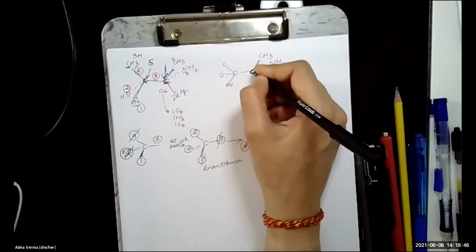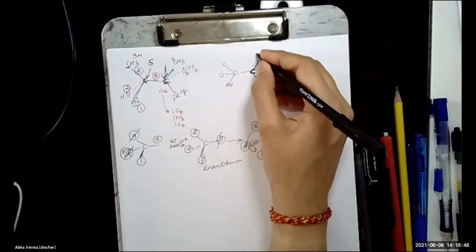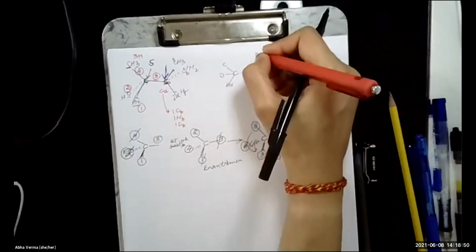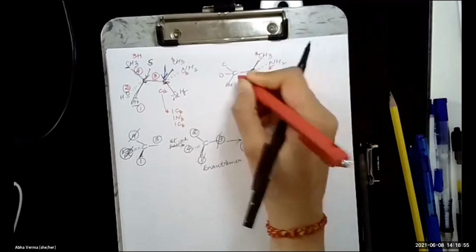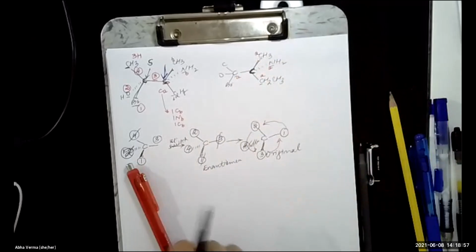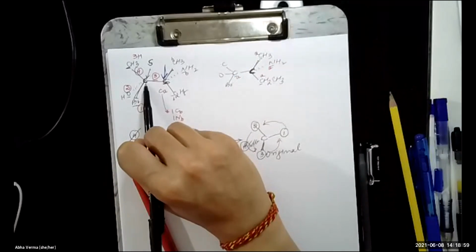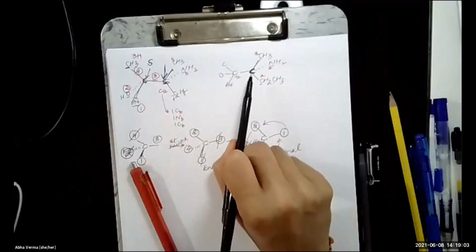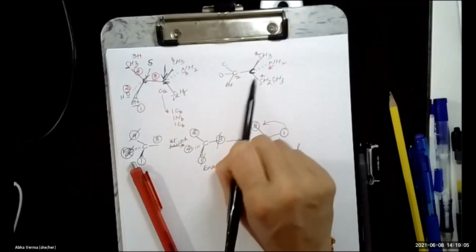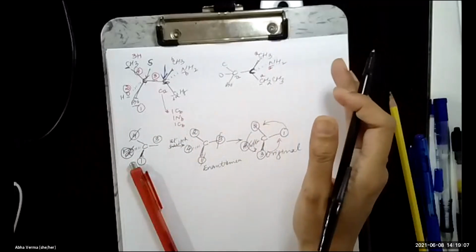Because relative to this is my atom A, this is my atom A, this is my atom A, and this is my atom A. So notice when I was looking at this carbon, my atom A's were different. And now that I'm focusing on this carbon, now my atom A's are completely different.